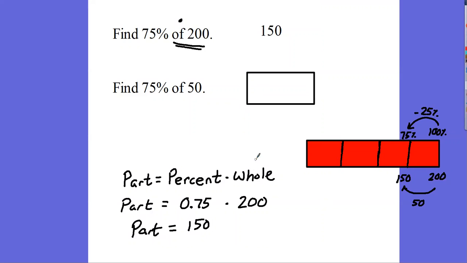Instead of referring to something as the whole amount, you're going to want to think of this as the original price. So we're going to be dealing with discounts here, and you're going to have some kind of original price. That's your whole amount.